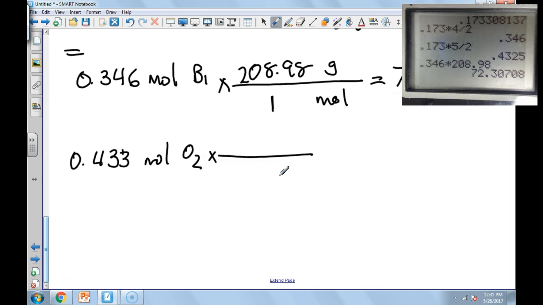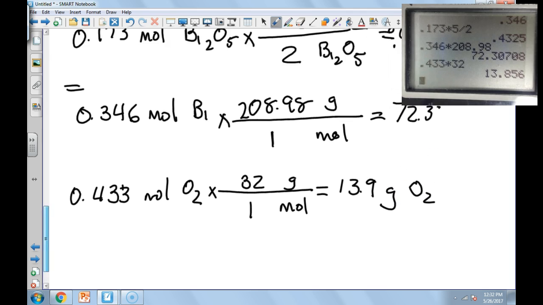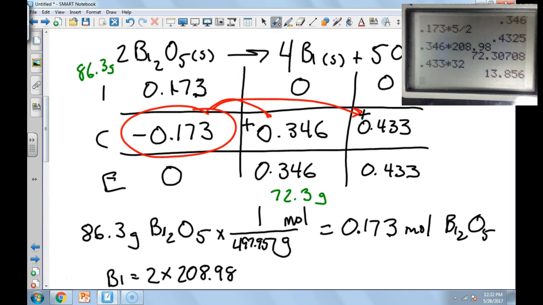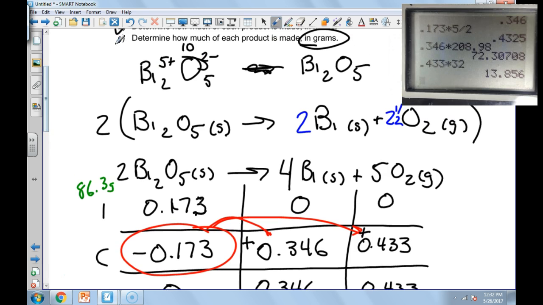We're going to X-line this, and for every 1 mole, it's 32 grams of oxygen. So we're going to go 0.433 times 32, and we get this equal to 13.9 grams of O2. So now I'm going to put this up here, 13.9 grams. And again, I'm going to put it in a different color just to keep it separate. 13.9 grams of O2. So that tells us the answer to part C.